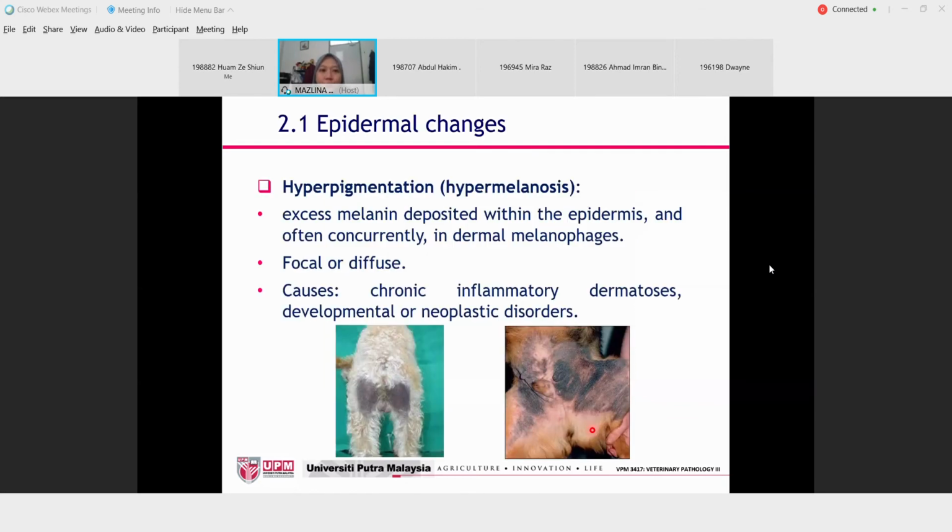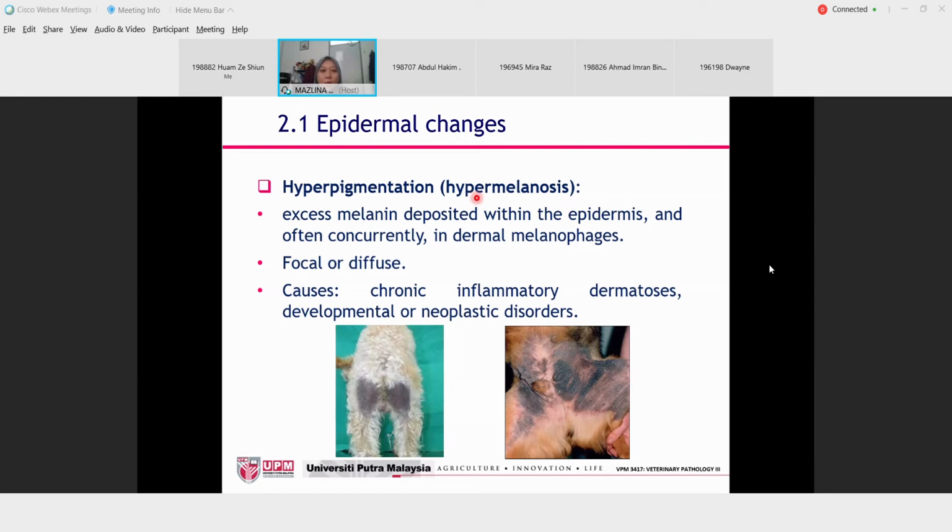Next we move on to hyperpigmentation, otherwise known as hypermelanosis. So remember, melanocytes are usually found near the stratum basale. So that's why you can see these changes in the epidermis.